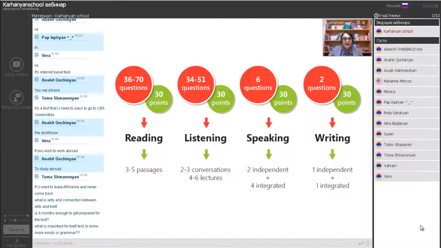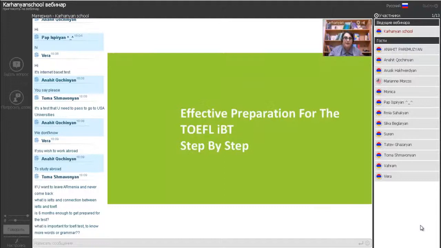In the speaking section, you'll have 2 independent tasks and 4 integrated. In the writing, 1 independent and 1 integrated. So after this webinar, during our upcoming webinars, we'll discuss each of them separately, as much as we can.